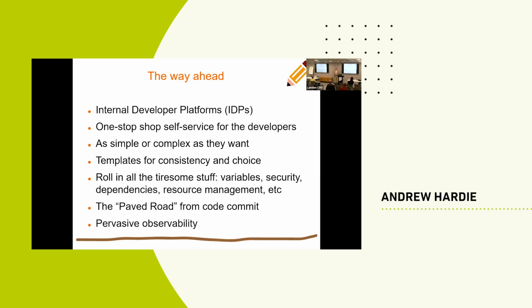Variables is still a huge issue. Variable inheritance and so on, and it's one of the commonest reasons of getting into a muddle with your infrastructure and DevOps code. It's often referred to as the paved road. In other words, it's the easy highway from code commit through to running production instances. And of course, I would add pervasive observability, from code commit to running and beyond, and everything in between.